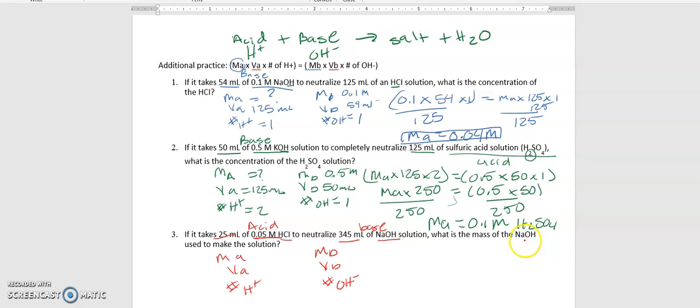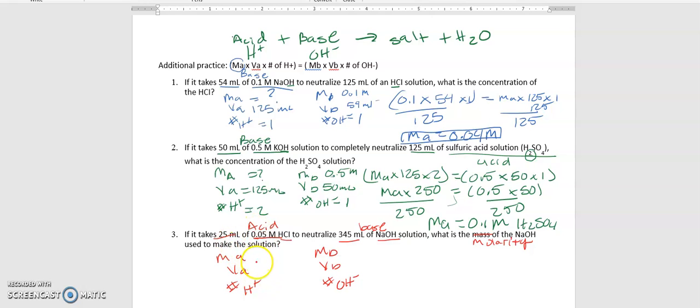What is the mass of NaOH used to make the solution? Well, we're just going to calculate for molarity. Okay, so I'm going to plug in what I know.